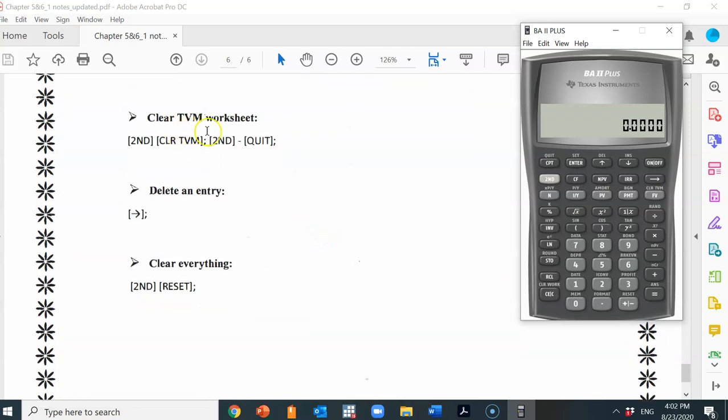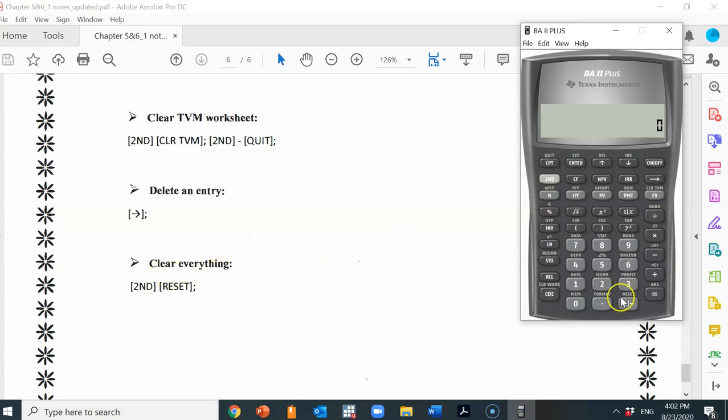If we want to clear the TVM worksheet values, meaning clearing the value inputs for these 5 buttons, we can press second, clear TVM, second quit. To delete an entry, if you input 45 and want to delete the last entry, you can press this button here. Okay, so it's deleted.